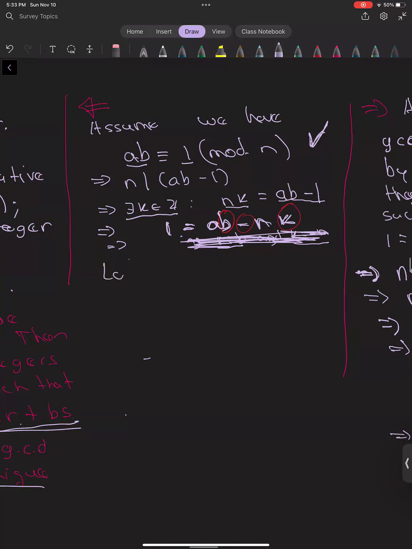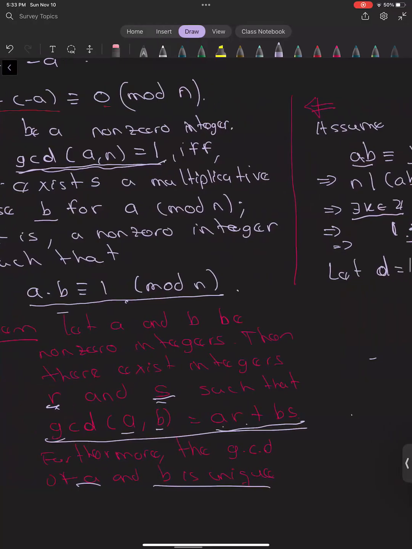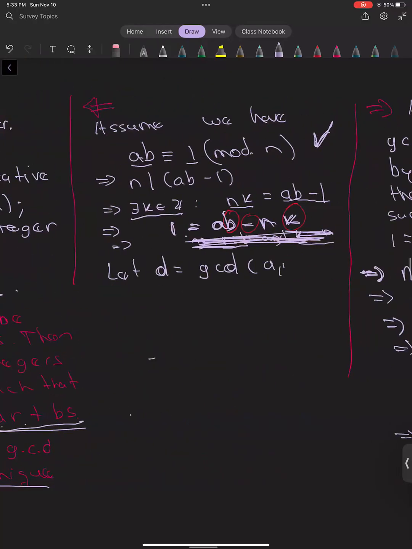So let D equal the greatest common divisor of A and N. We don't know that the greatest common divisor is 1, right? But let D equal this.